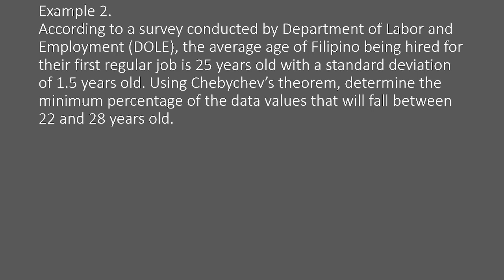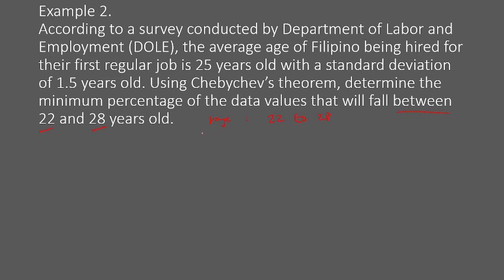So what we can do here, actually, class, is look into this range first. So we have here a range which is 22 to 28, sabi niya between. So our range, kung gusto nating makuha, will be 22 to 28.